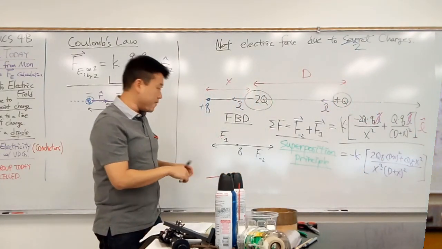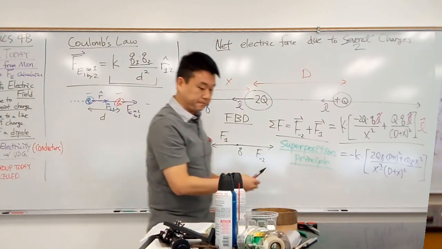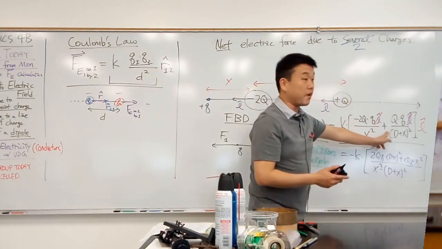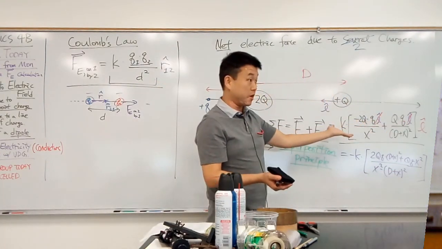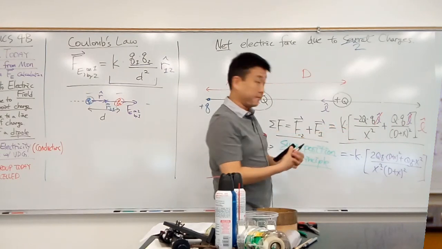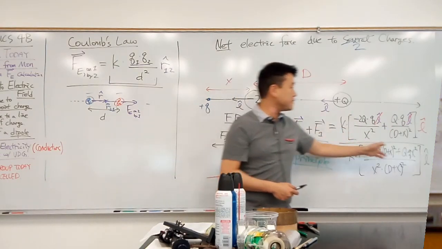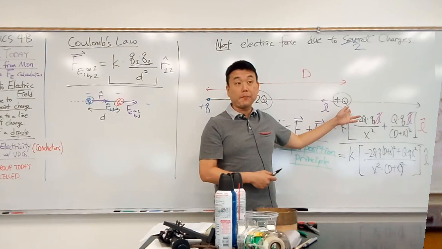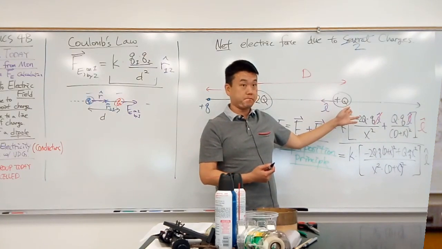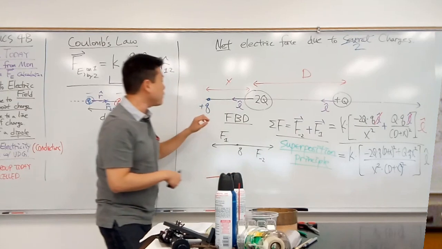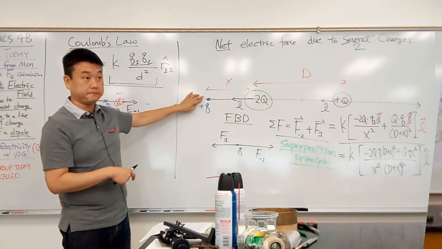So my final result would actually be, instead of these two adding together, they actually should subtract from each other, as you were expecting. So it's a question of the quantity inside here. Do you want it to be positive or negative? Think carefully. What do you want the direction of the force to be?